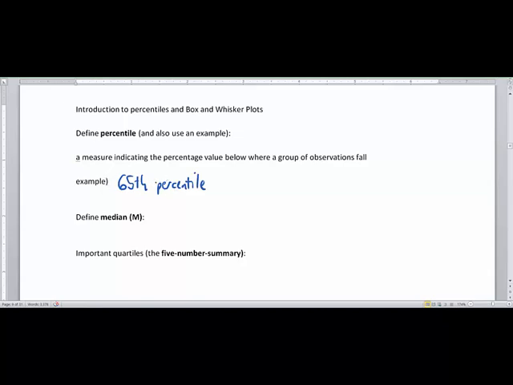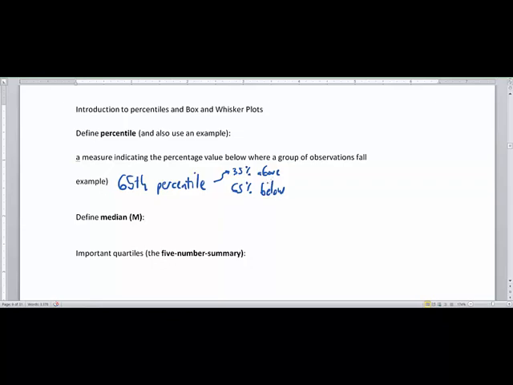Now, we're really not concerned about the exact moment here for this example, but it gives you the idea that you would have 35% above and 65% below. So this is where you can see that the idea of a percentile is related to the percentage, but it means a categorically specific thing.